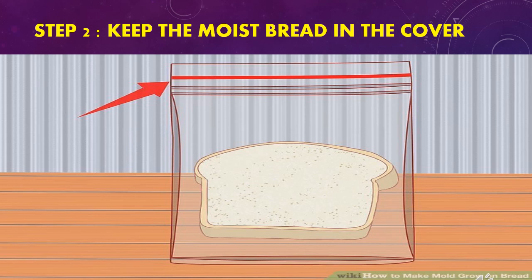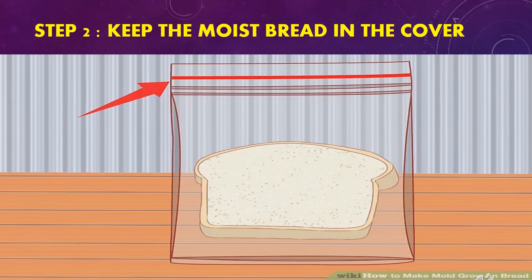Now let's see the second step of this activity. In the second step, you can see in the picture the bread slice, which has been moistened with water, kept in a Ziploc cover and closed. So keep the moist bread in the cover and close it, and keep the cover in a warm and dark area for a few days.